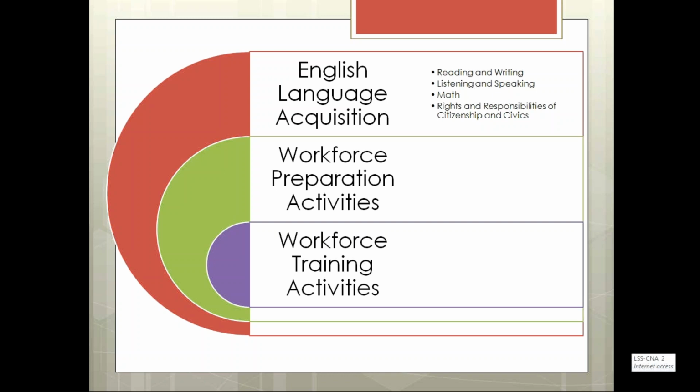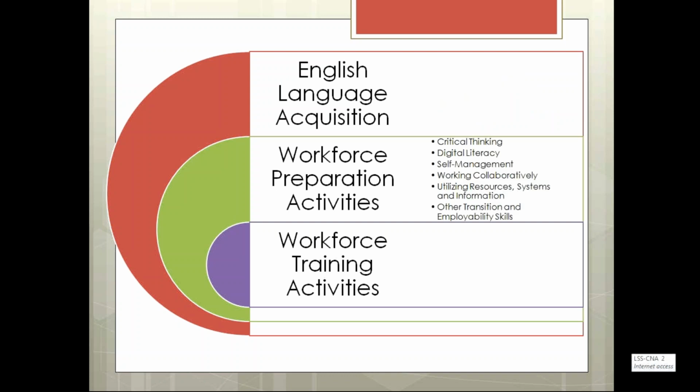Here we see what is under that component: reading and writing, listening and speaking, math, and rights and responsibilities of civic engagement and citizenship, including the American system of government, individual freedoms, and responsibilities of citizenship and civic participation.